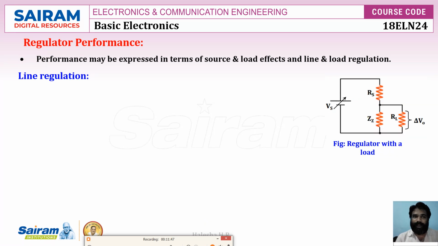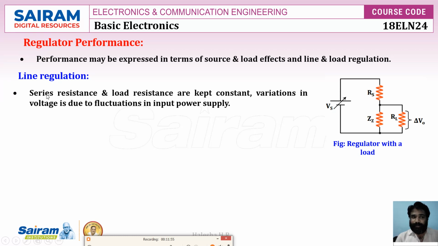Okay. So line regulation means, let's consider the regulator with a load. That means here the load is constant. The series resistance and load resistance are kept constant. Variation in the voltage is due to fluctuation in the input supply. That means we are changing the input voltage.